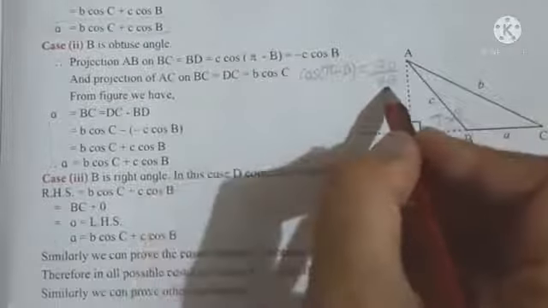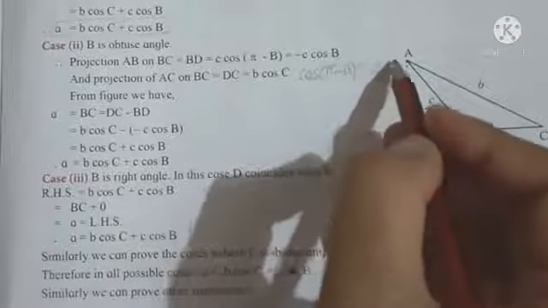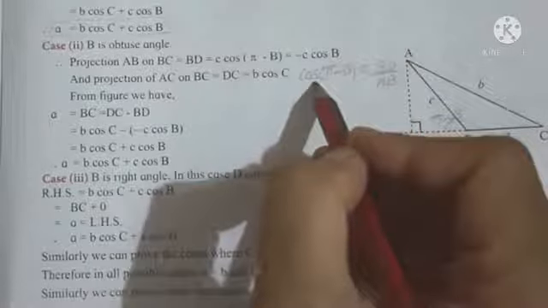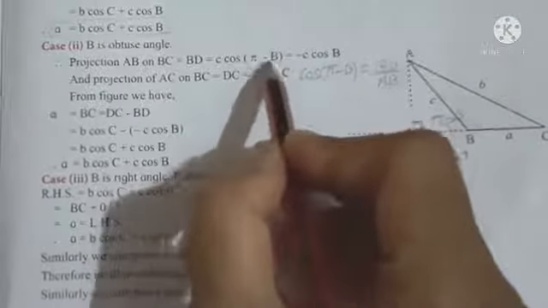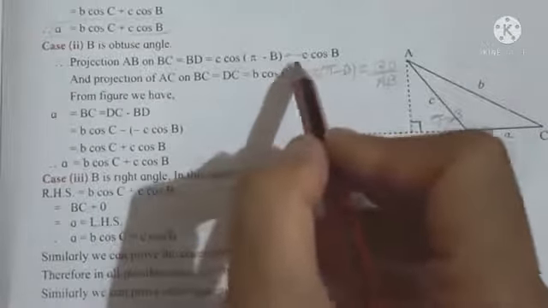So what is the value of AB? We get here c. So BD is equal to c cos of pi minus B, and cos of pi minus theta is minus cos theta, therefore we get minus c cos B.